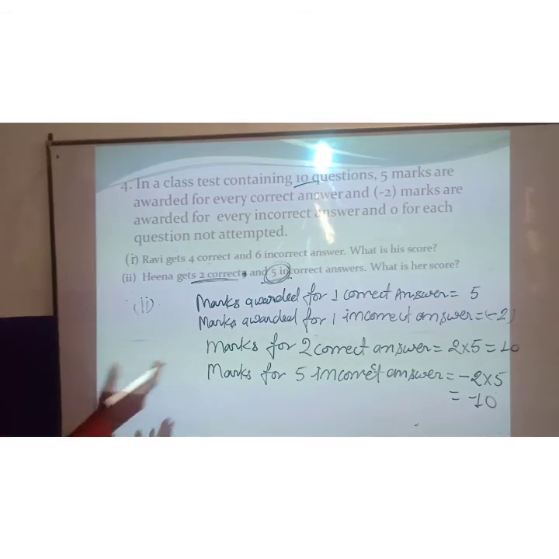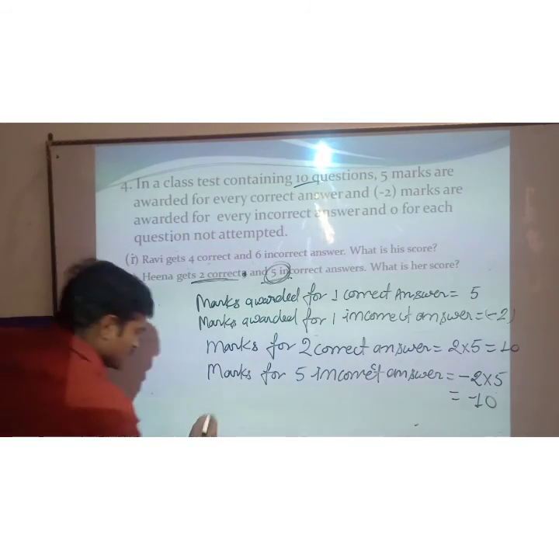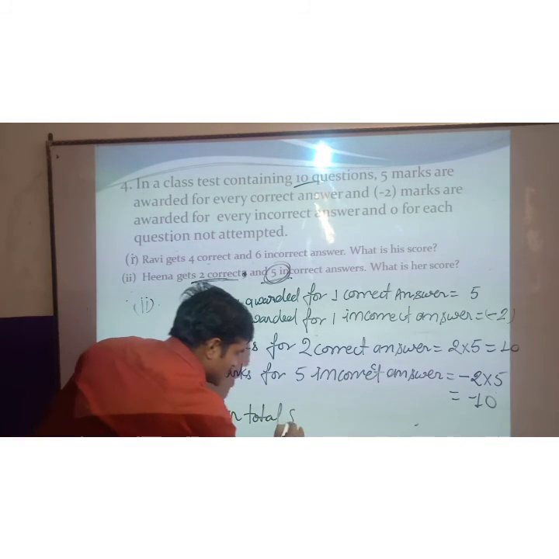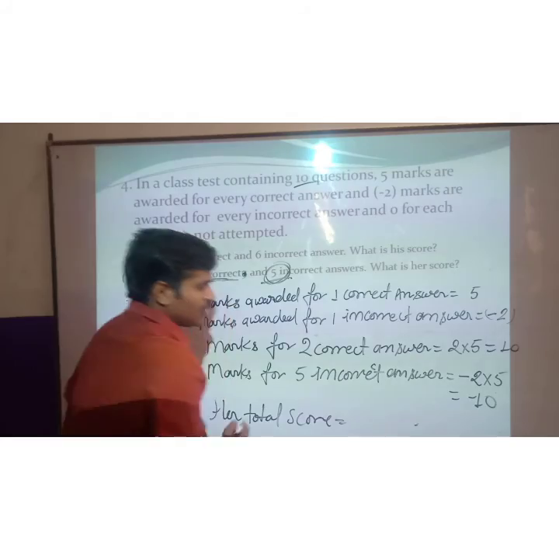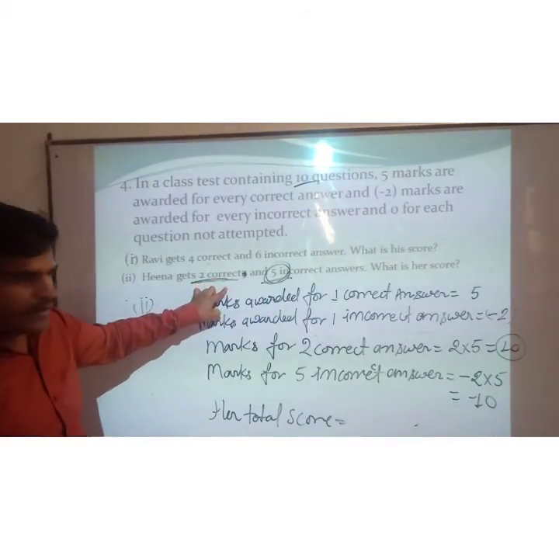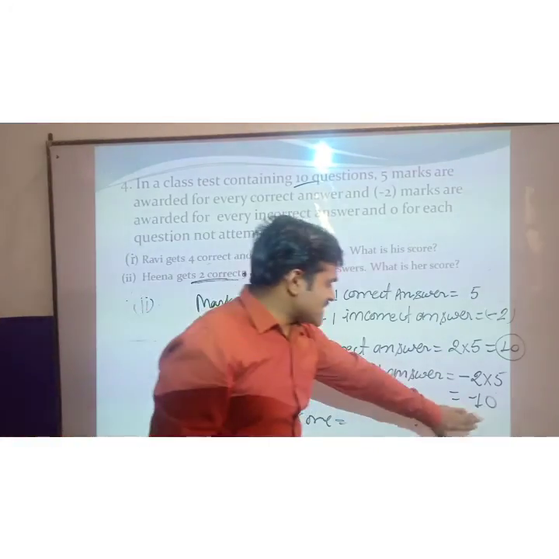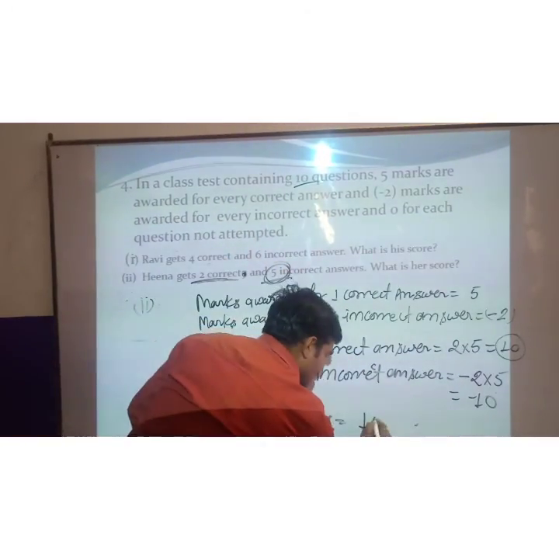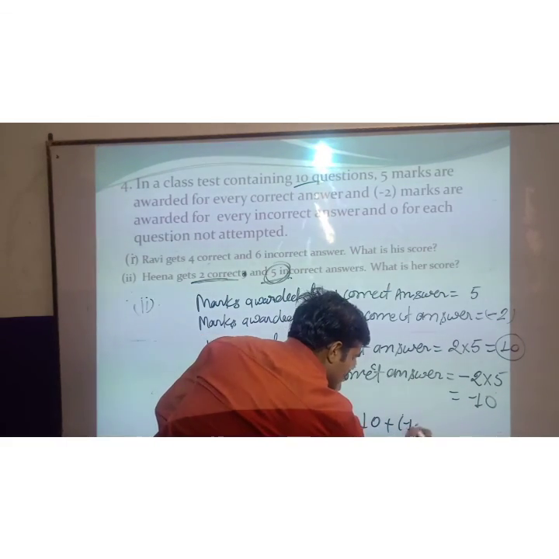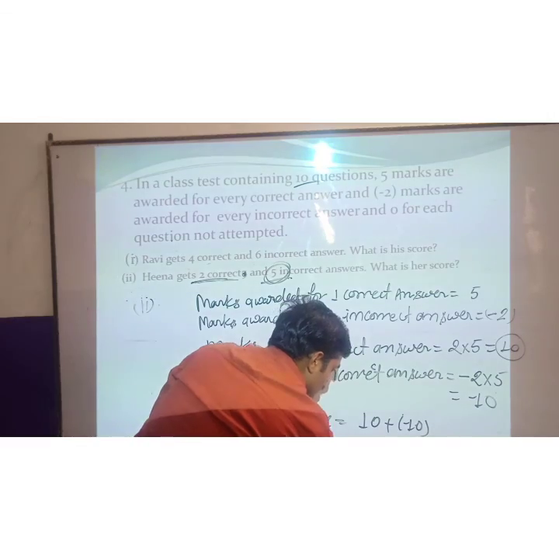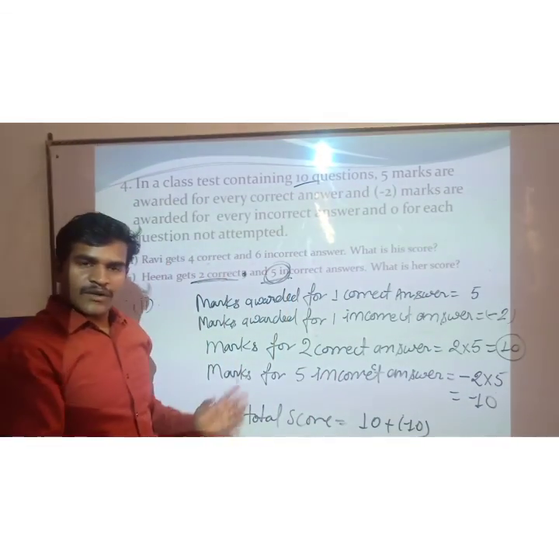What is her total score? Her total score is 10 marks she got for 2 correct answers and minus 10 marks she got for 5 incorrect answers. So total score is equal to 10 plus of minus 10, which is 10 minus 10 is equal to 0. Okay.